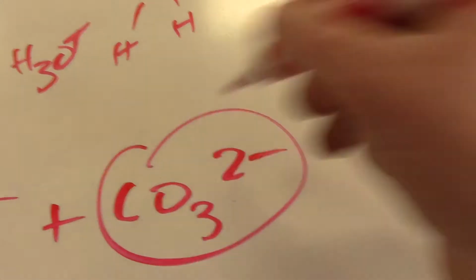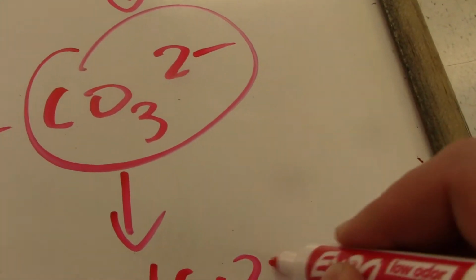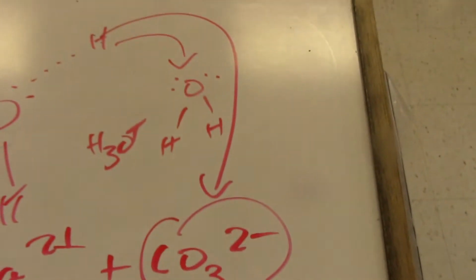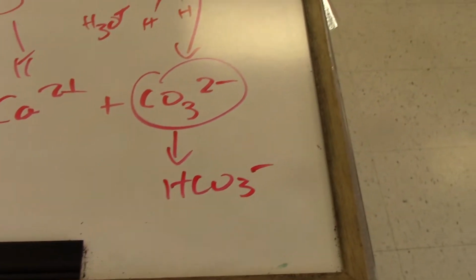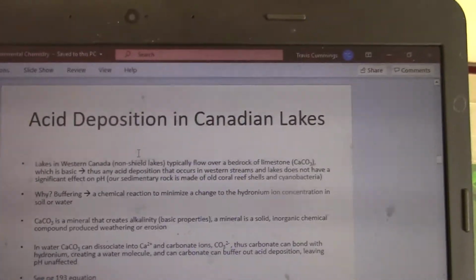And now this can accept hydrogen ions, so this can buffer pH. So anything with limestone bedrock isn't as affected by acid deposition because there's a natural way to resist pH change when there's a lot of acid precipitation.